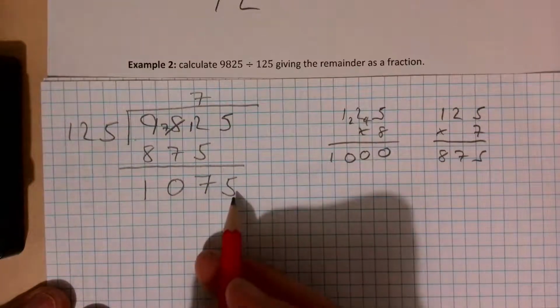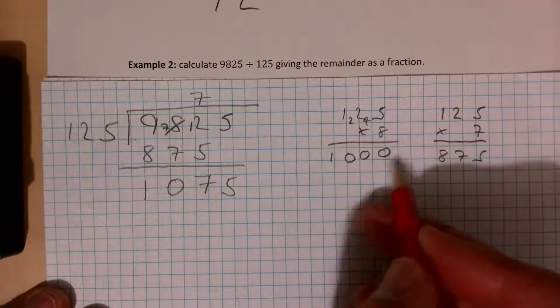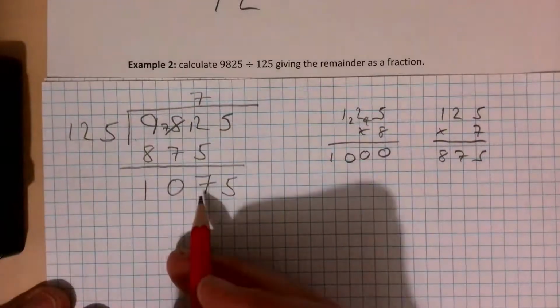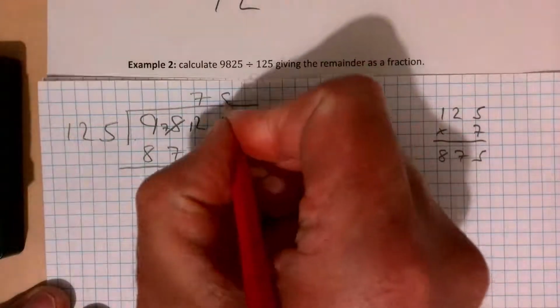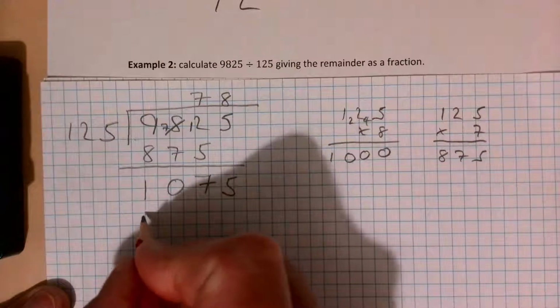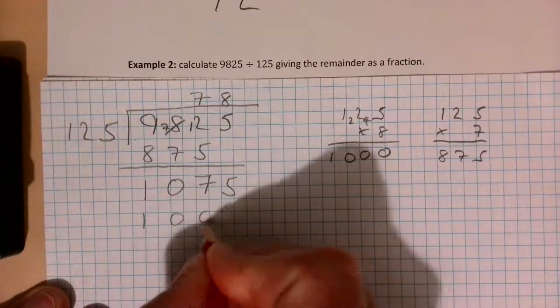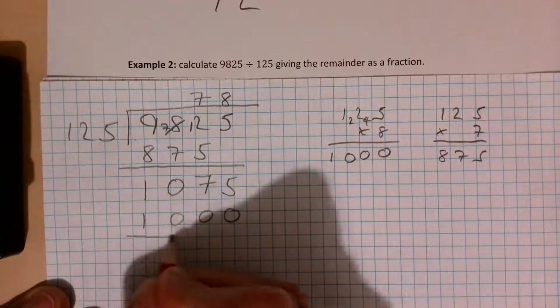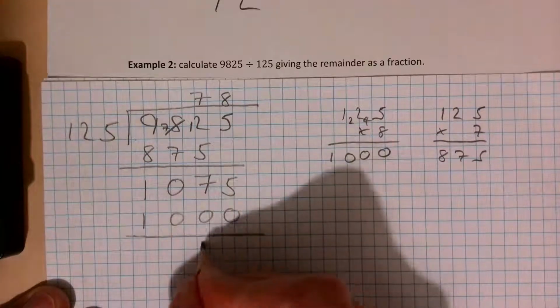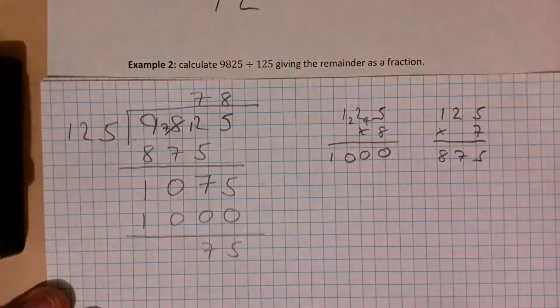Now we've just worked out earlier that 125 times 8 is going to give us 1,000, so this is going to go in here 8 times, and 8 times 125 is going to give us 1,000. We take those away, obviously we have 75 left over.